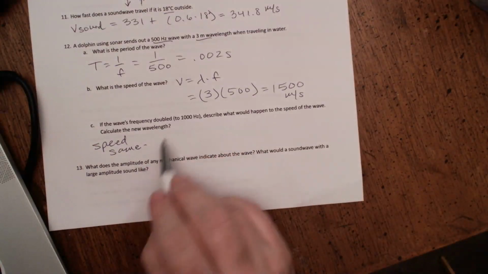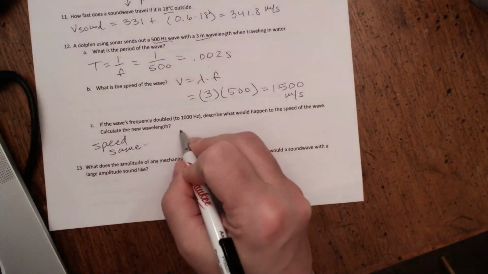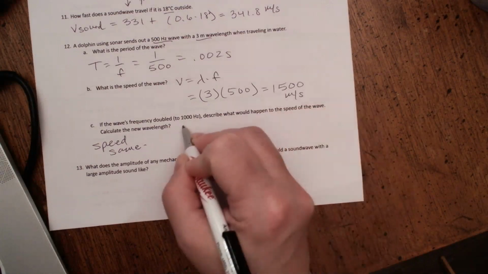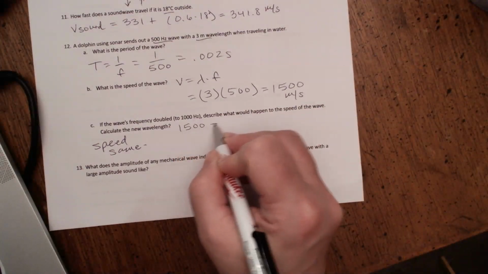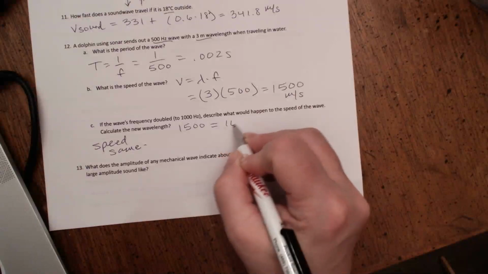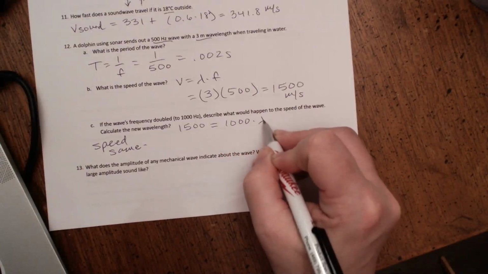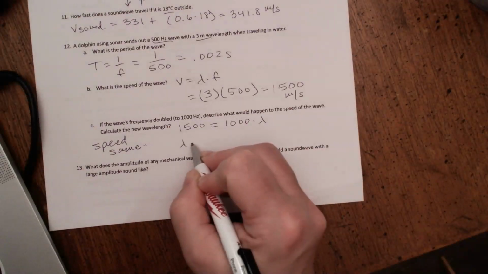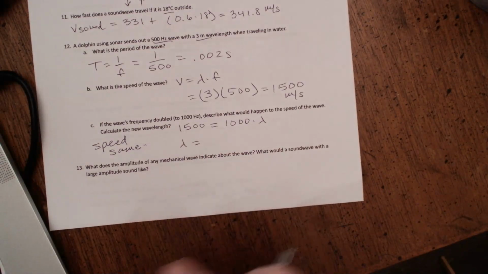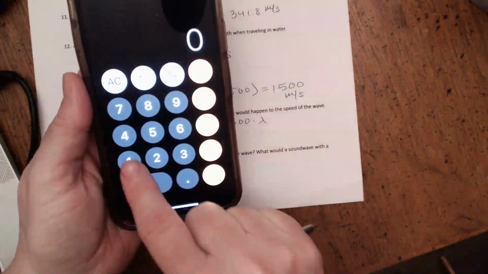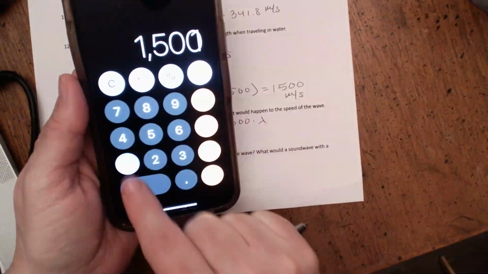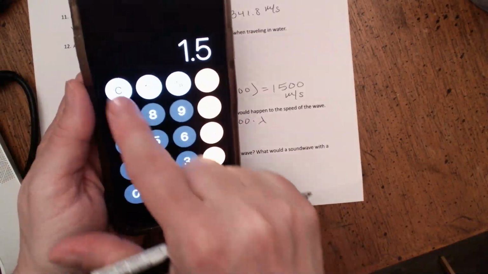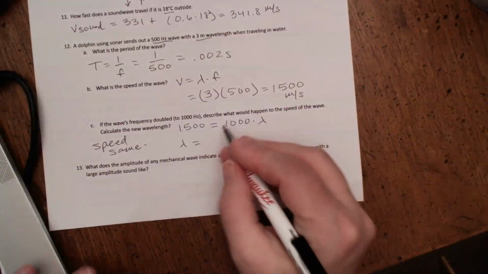So if my frequency now doubles to 1,000, my speed is going to stay 1,500. Now my frequency is 1,000, and I'm going to solve for my new wavelength here. I'm going to do 1,500 divided by 1,000. Gives me 1.5 meters.